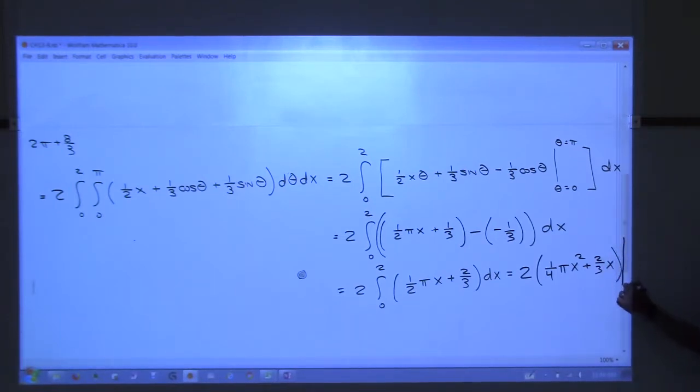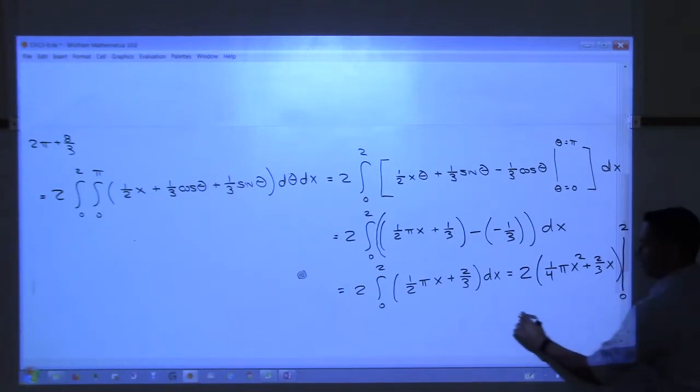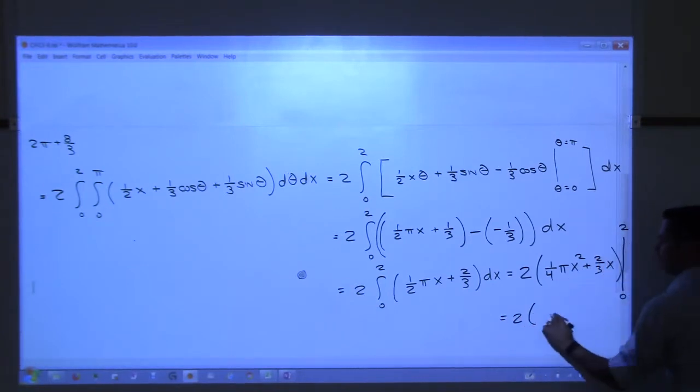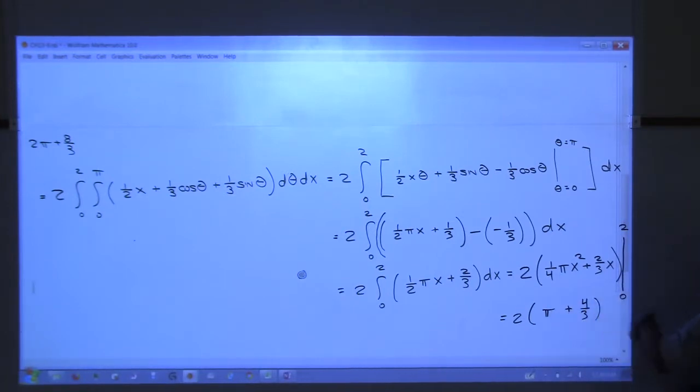Evaluating that from 0 to 2. 2 goes in, 2 here, you get 4, right? 1/4 of 4 goes away, you just get pi. Plug in 2 here, you get 4/3, right? Plug in 0, they both go away. We have 2 times pi plus 4/3, and distribute your 2 through, and you get 2 pi plus 8/3.